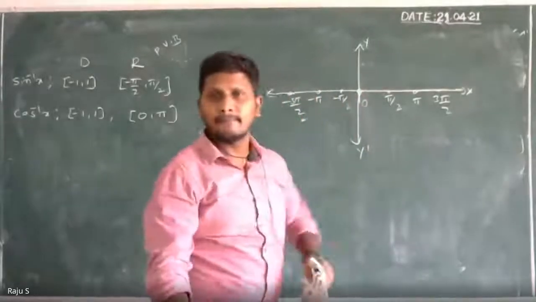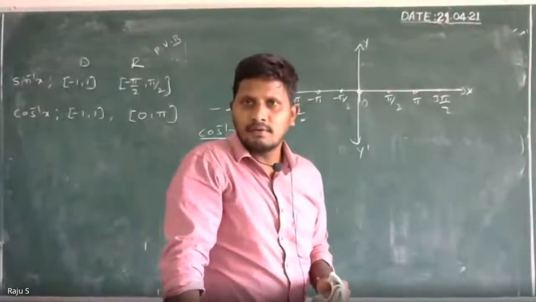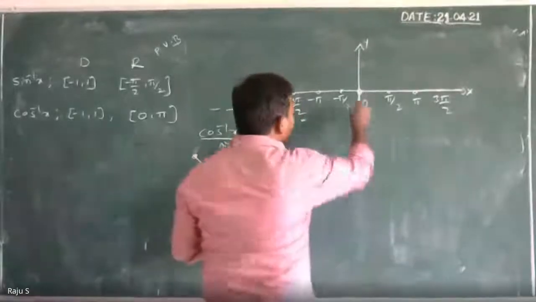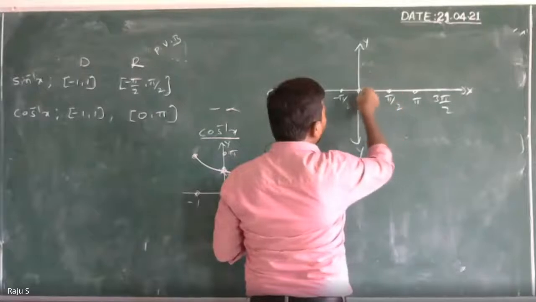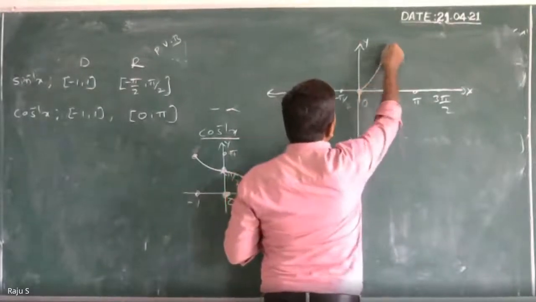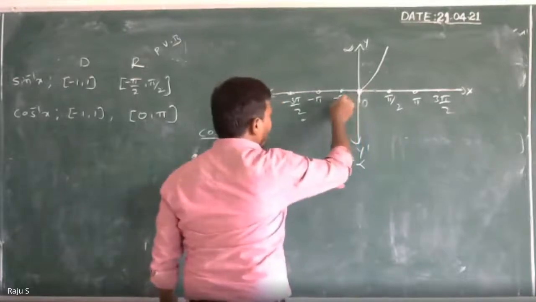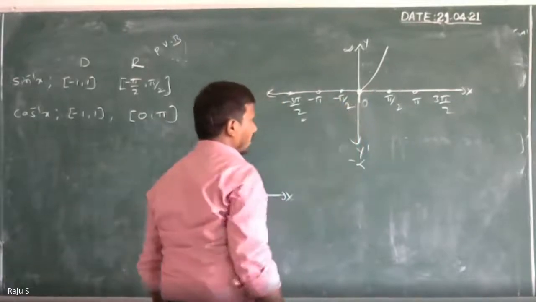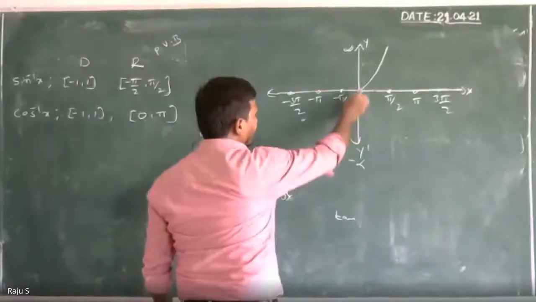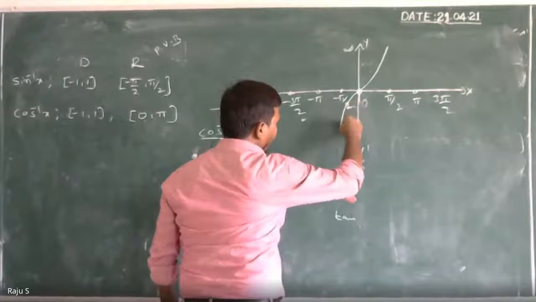Tan 0 is 0. Okay, tan 90? Yes, infinity. See here, 0 is 0. When you come to 90, it tends to infinity. What about tan minus 90? Minus infinity, it will move to minus.